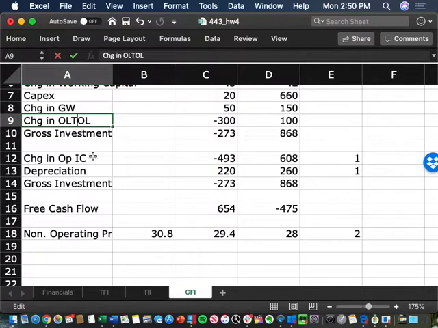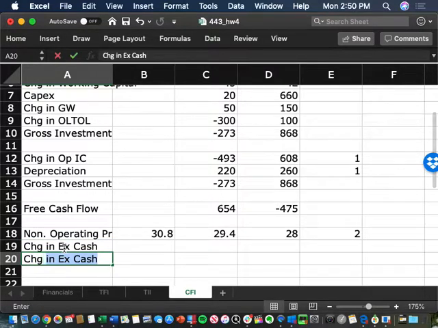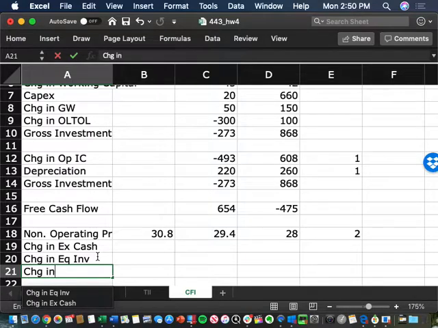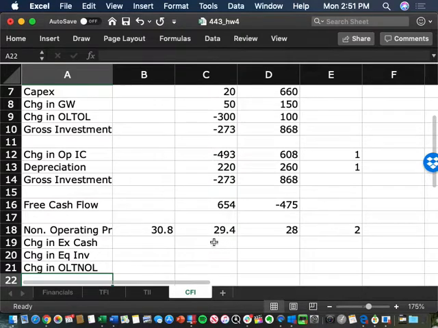And this is going to be change in excess cash, change in equity investments, change in other long-term non-operating liabilities. There we go.